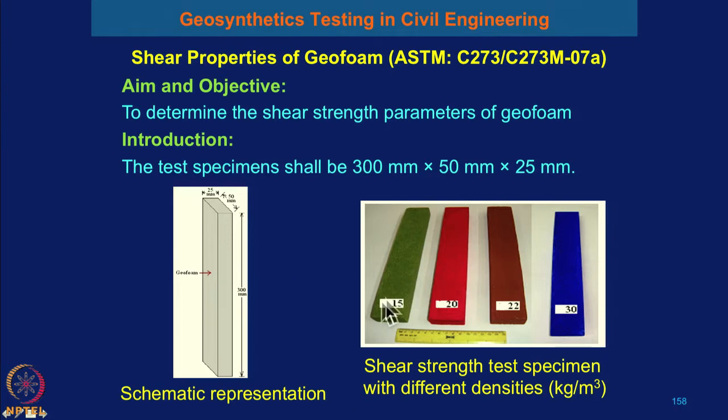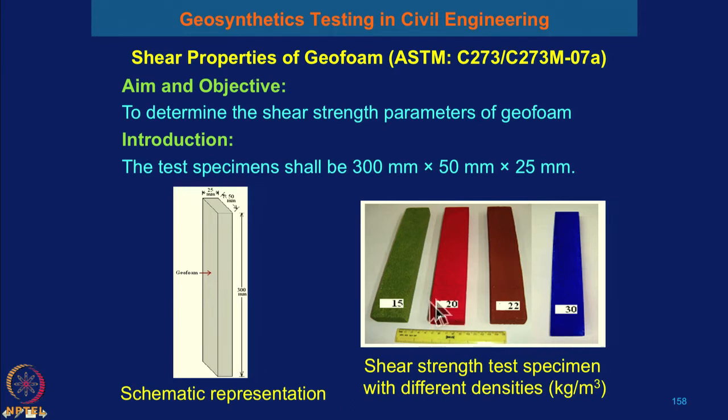Here are the shear strength test specimens with different densities. So this is for 15 kg per meter cube, and this is the EPS geoform with a density of 20 kg per meter cube. This is the EPS geoform with a density of about 22 kg per meter cube, and this is the EPS geoform with a density of 30 kg per meter cube.